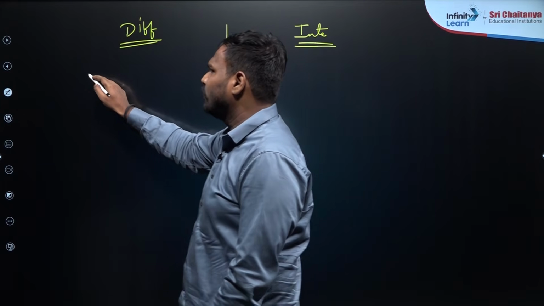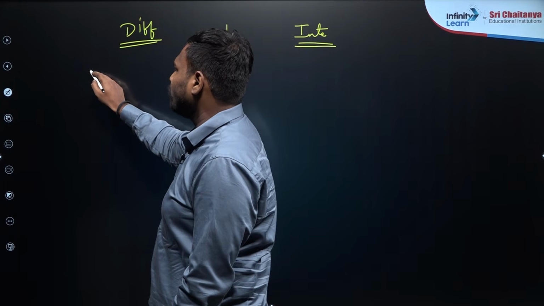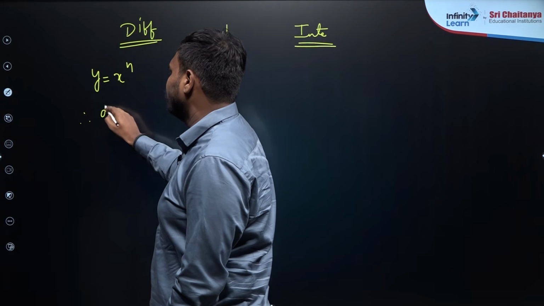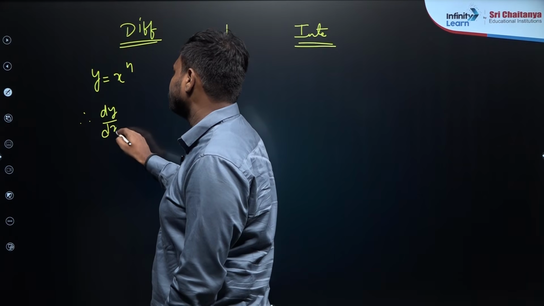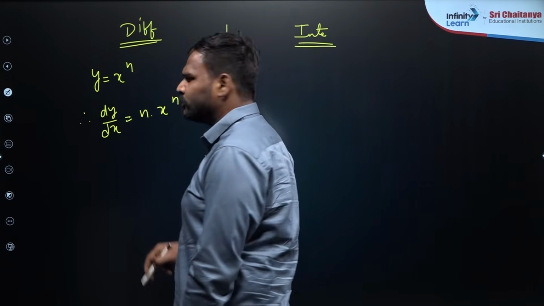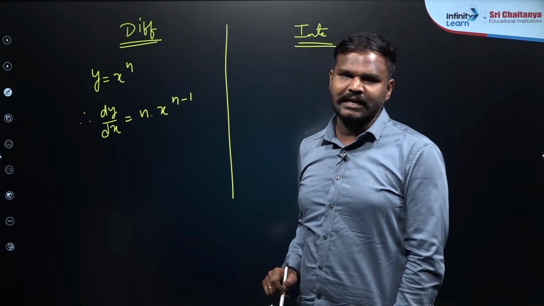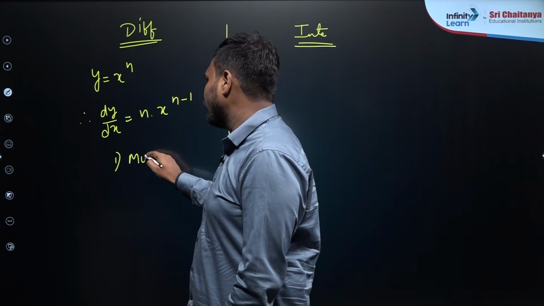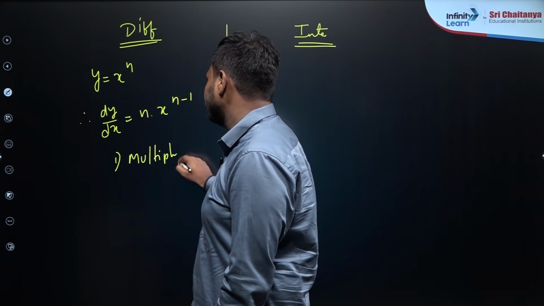For example, there is a question, y is equal to x power n. Then what is the derivative? n into x power n minus 1. We discussed this in the last class. So step by step, what am I doing, sir? I am multiplying the power.